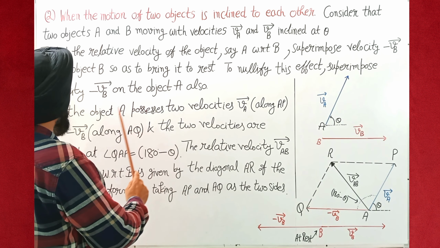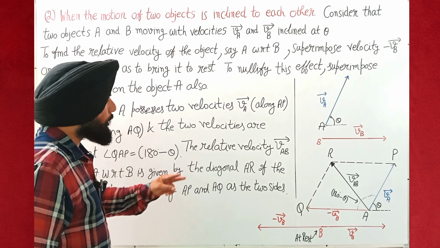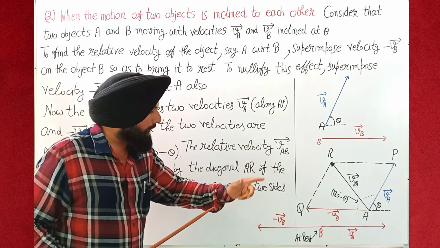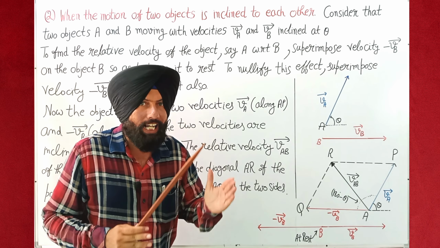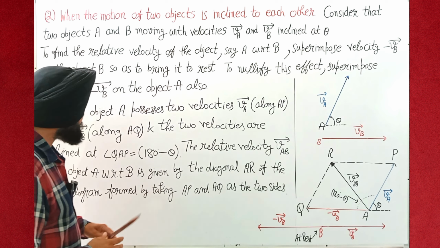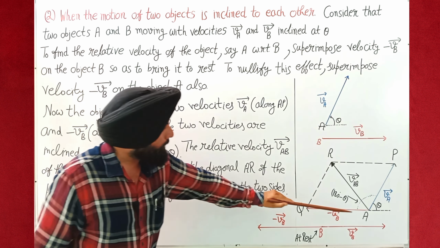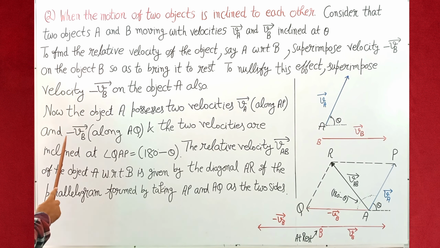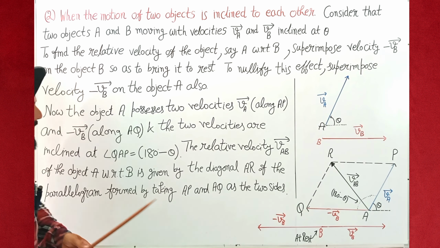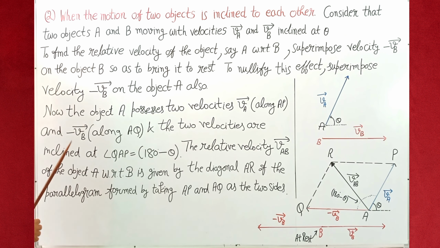Now the object A possesses two velocities. What are these two velocities? VA vector velocity along AP and minus VB vector along AQ, and the two velocities are inclined at angle QAP.